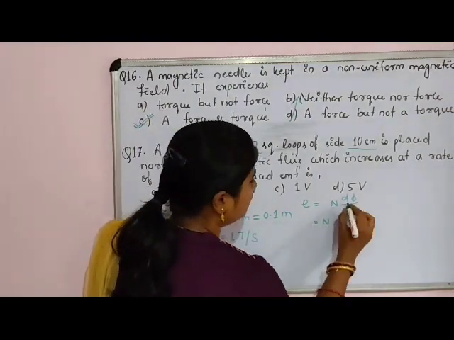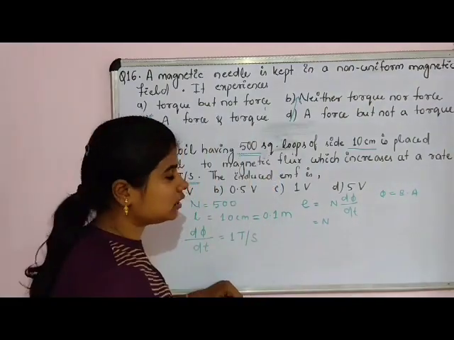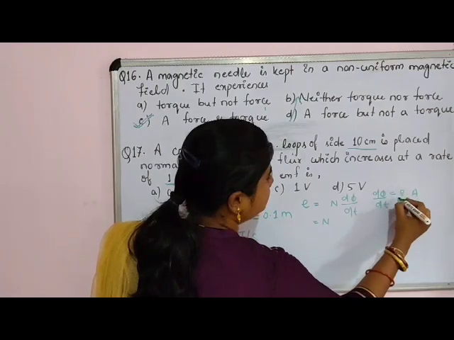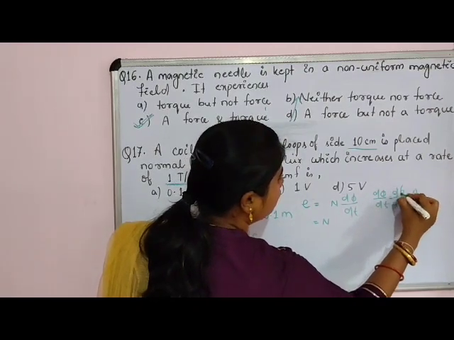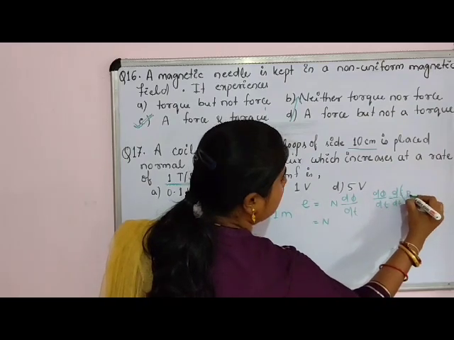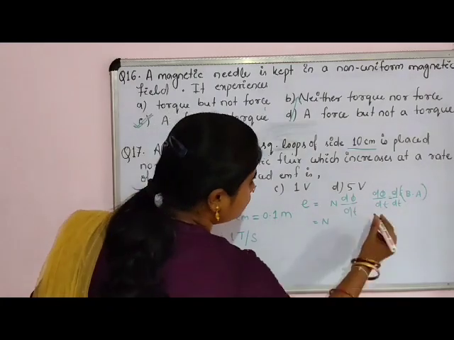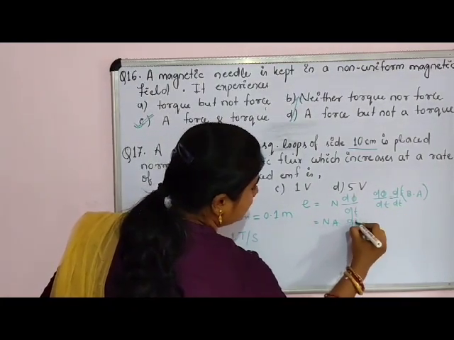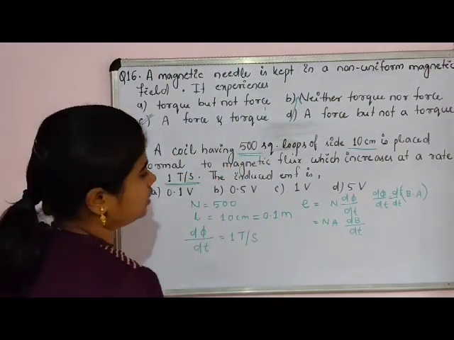And we know that phi is equal to B dot A. So while taking d phi by dt, that will be d by dt of the magnetic flux, that is B dot A. So now I can write it as N A dB upon dt.